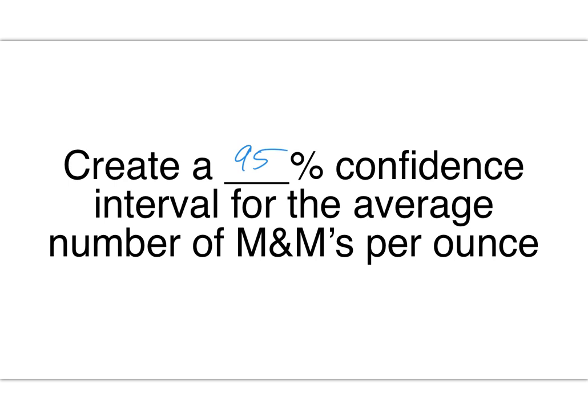What'd you have over there? You had 64 M&Ms. Is that right? Yeah. All right, so that one person had 64 M&Ms. M&Ms per ounce. What was the weight of yours? 2 ounces. Did you subtract away the weight of the cup? No. The weight of the cup was 0.06 ounces.